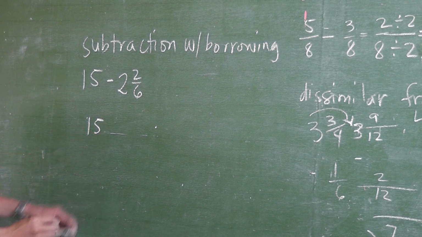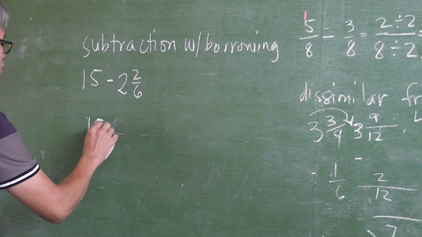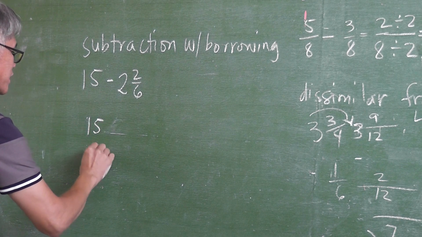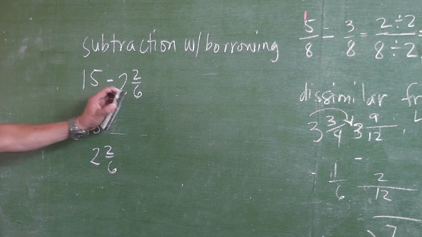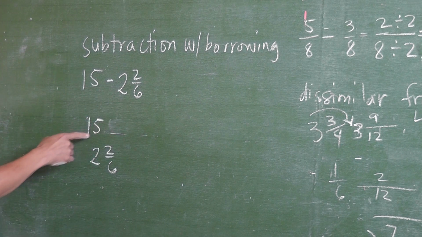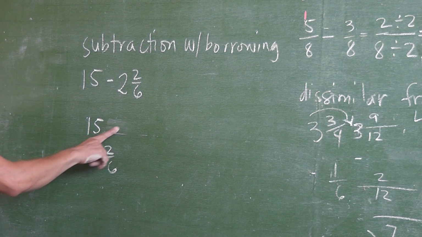We'll align it, write it in column. 2 and 2/6. We cannot subtract this from here unless we have a fraction here.